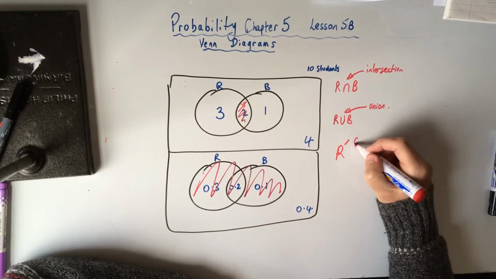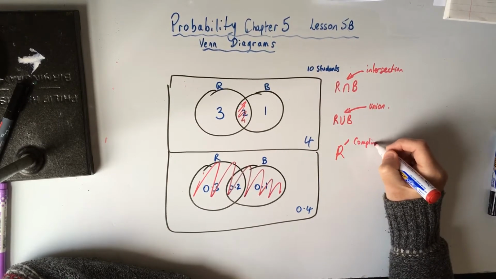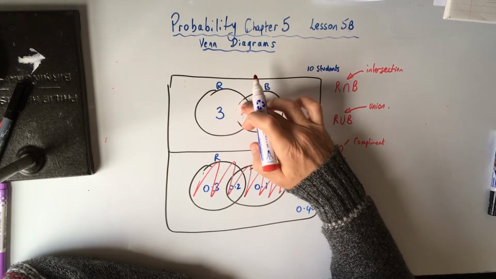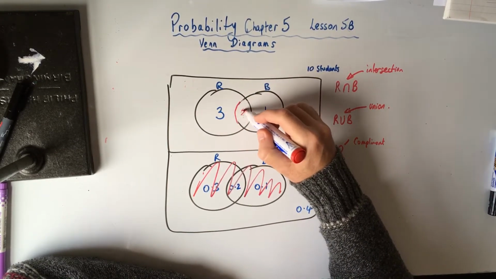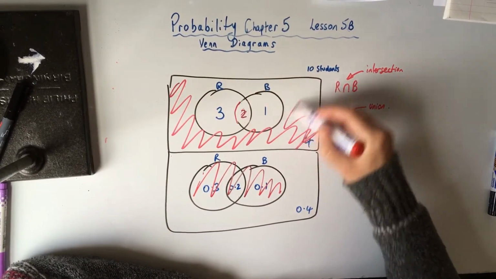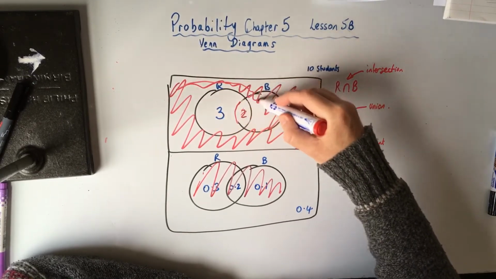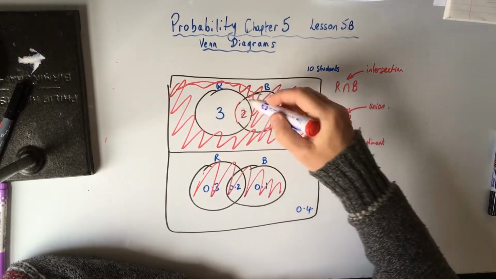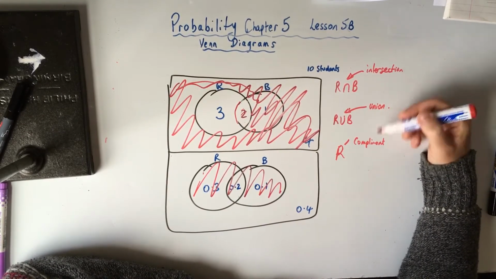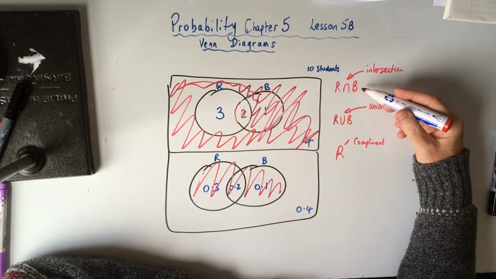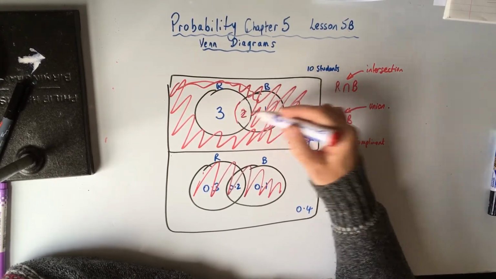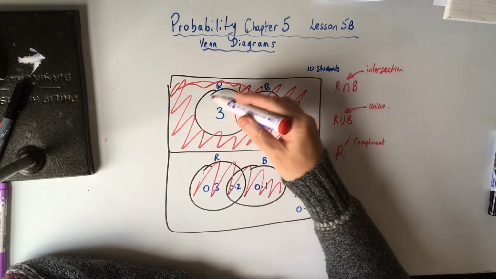If you see that dash, it means complement, and that means everything apart from that. So if I rub that out a minute and put that 2 back in, the complement of R is all of that: everything apart from what's inside R. So those are the 3 terms you need: the intersection, just the middle bit, the union, everything, and the complement. R would just be the whole circle.